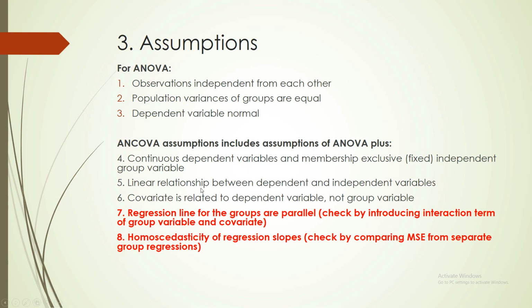And there must be a linear relationship between the dependent variable and the independent variables, the group variable. Also, the covariate should be related to the dependent variable, but it shouldn't be related to the group variable.